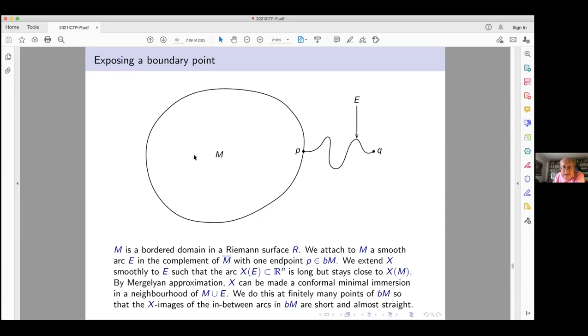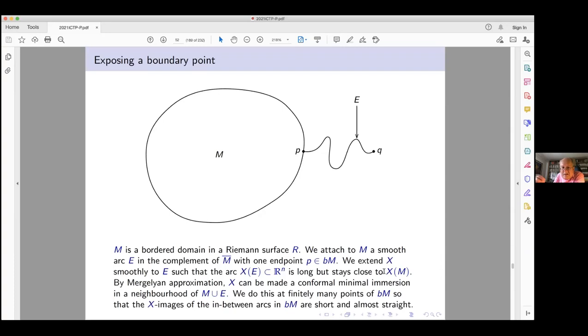So this is in the domain. What do I do in the image? In the image, my X, my conformal minimal immersion, is defined on M. It goes to the space, and now I extend it to the arc smoothly in such a way that its image, so here it's written, we extend X smoothly to E such that the image arc is very long, not infinitely, but just finitely, but very long, but it stays close to the image.